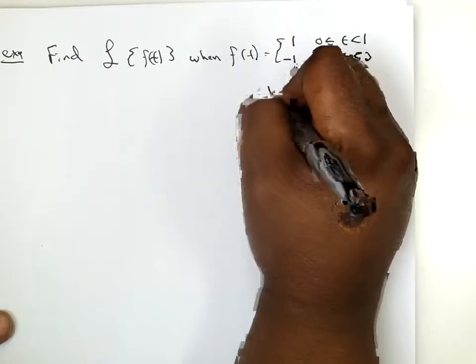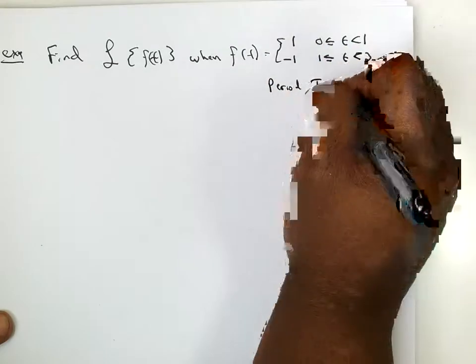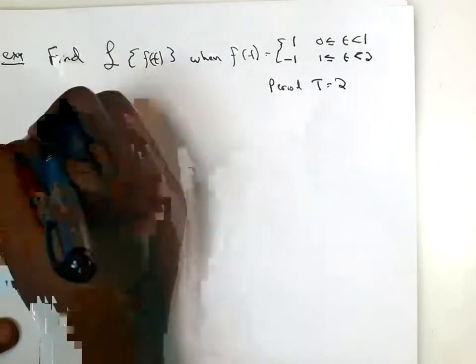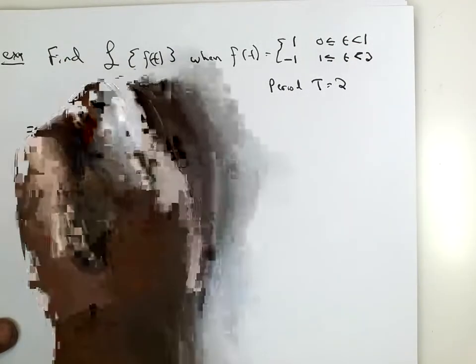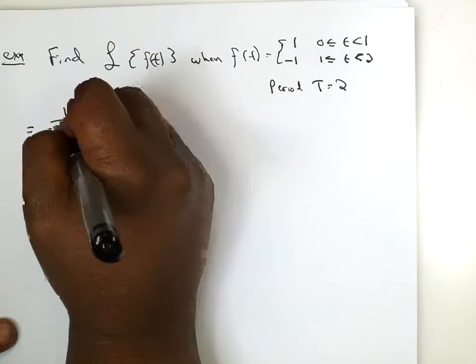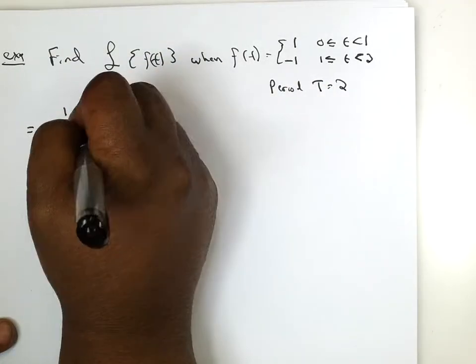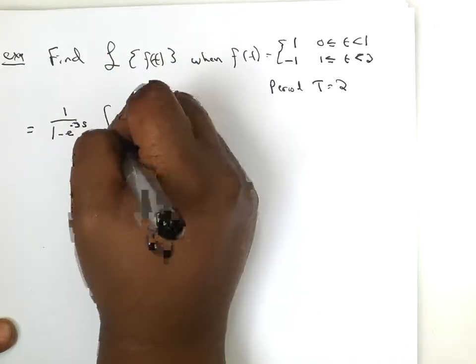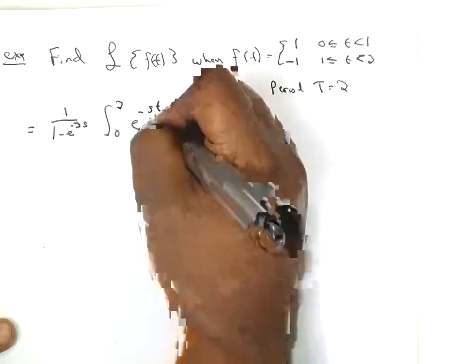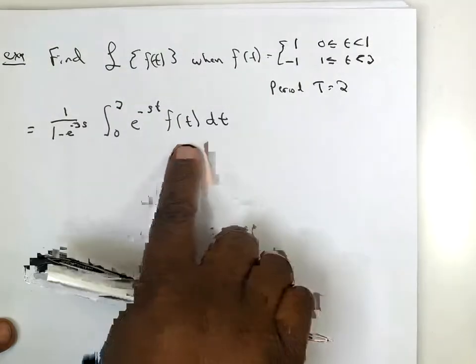So for this one, our period is T equals 2. So I want to set up the integral. It's 1 over 1 minus e to the negative sT. Well, T in this case, that period, is 2, so it's negative 2s. And then the integral is from 0 to 2, e to the negative st, f of t dt. Now, because this is piecewise, that f of t, I'm going to break it up into two separate parts.